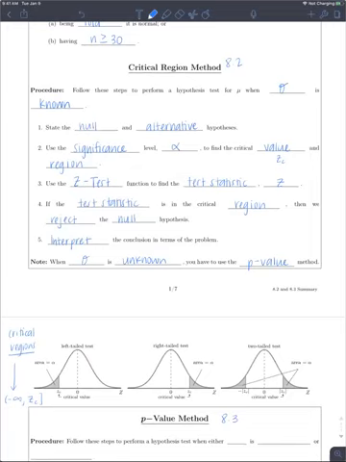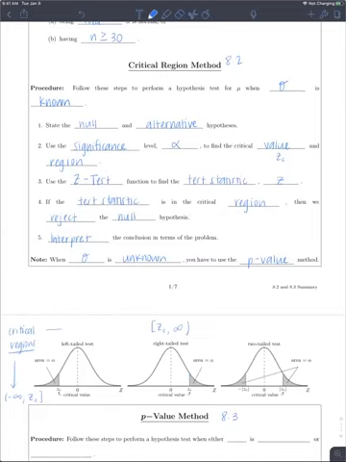Yeah, positive. My critical value is where my critical region starts, and then it goes all the way up to infinity. I know it's been a while since we've talked about this, but is everybody remembering this? Okay.